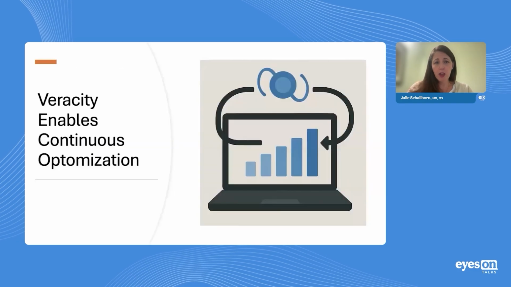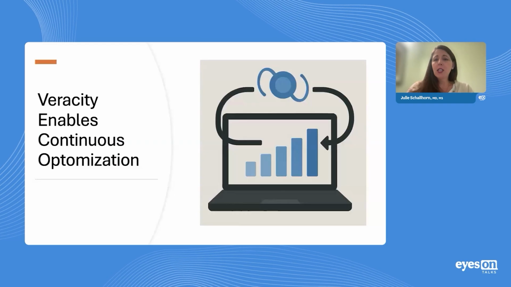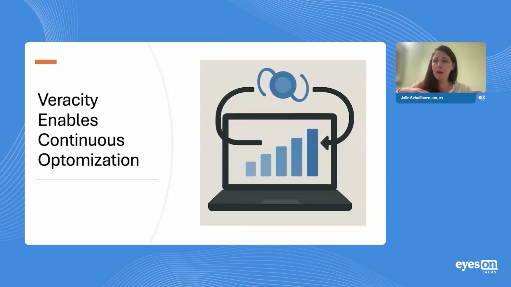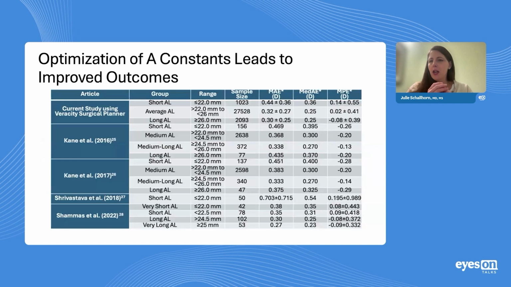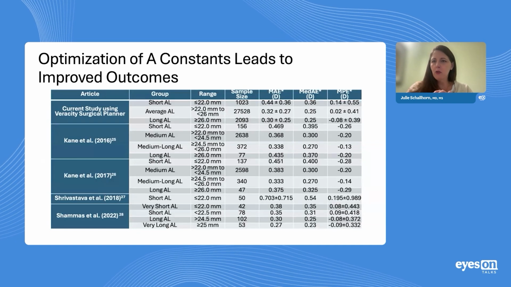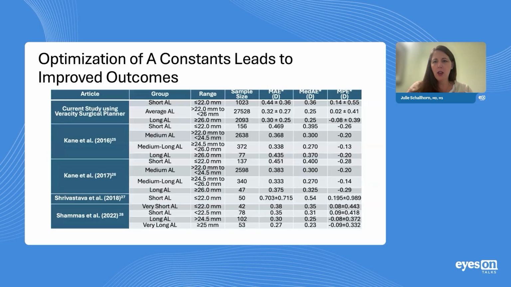The other great thing about Veracity is that it really enables continuous optimization, because data is coming in, outcomes are coming in, and it allows the A constants, the constants that we use for IOL calculations, to be continually optimized.